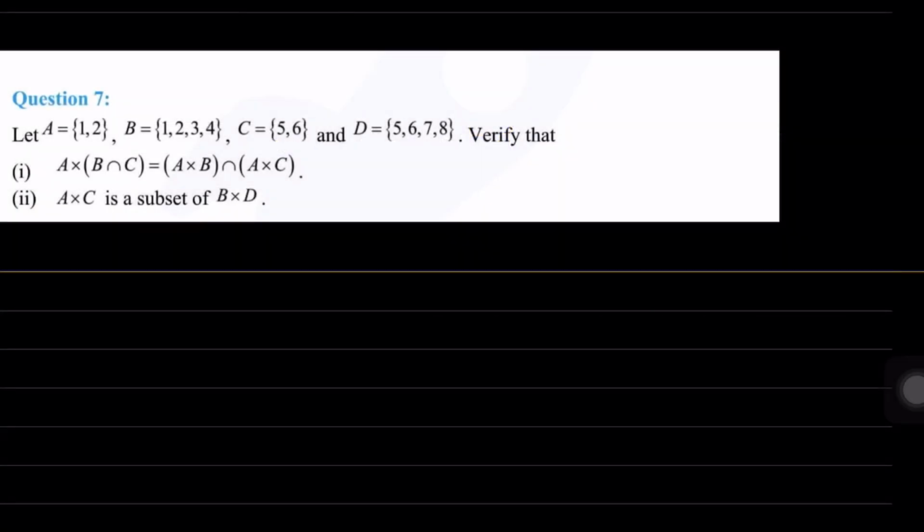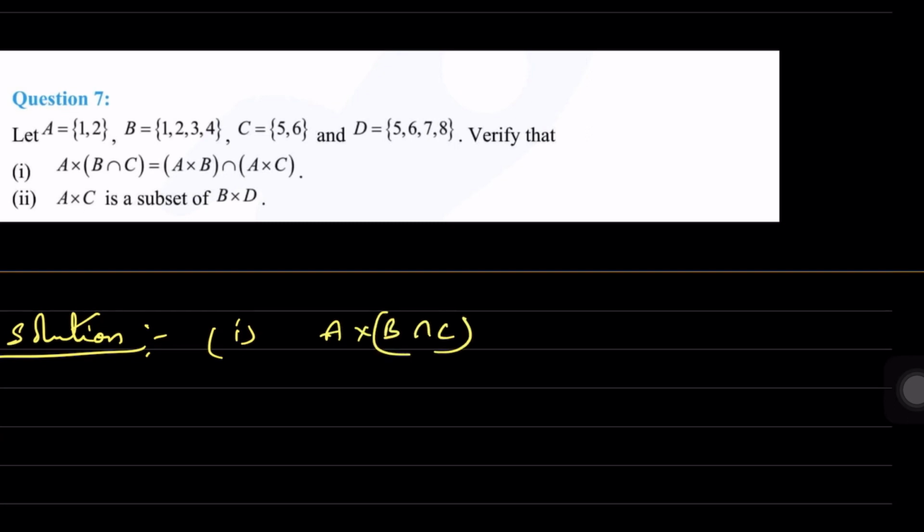Question 7, what you can see: let A be equal to {1, 2}, B is equal to {1, 2, 3, 4}, C is equal to {5, 6} and D is equal to {5, 6, 7, 8}. Verify that A cross (B intersection C) is equal to (A cross B) intersection (A cross C), and second, A cross C is a subset of B cross D. Now in the solution part, we have to find out first whether A cross (B intersection C) is equal to (A cross B) intersection (A cross C).